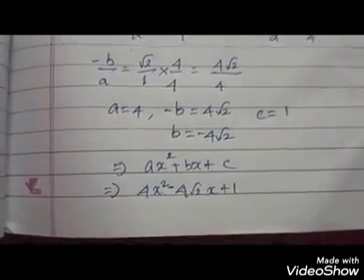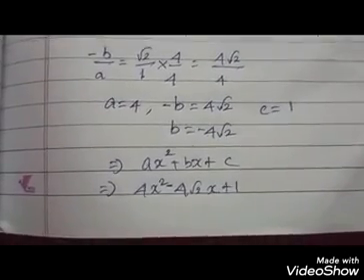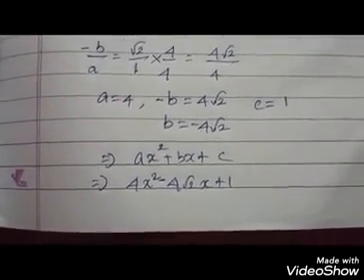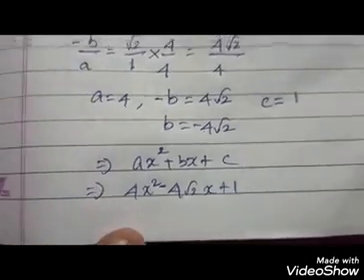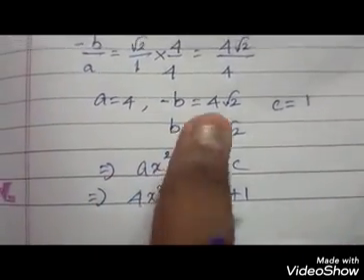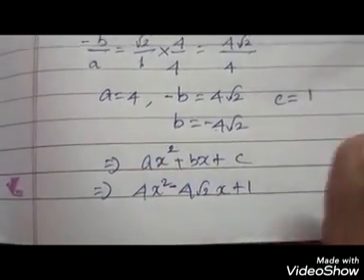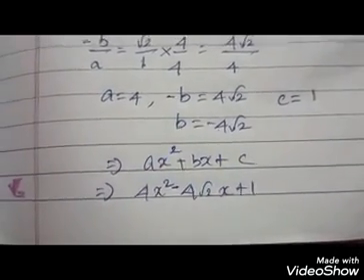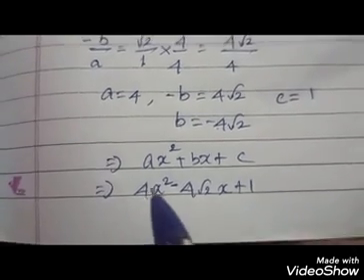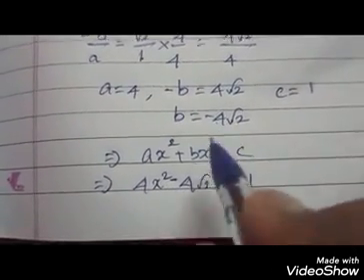So once you apply the value of a, b, c, you no need to put any symbol before. If the value you already have is plus 4, you get 4x square. B which is equal to minus 4 root 2, so directly you take minus 4 root 2. So no need to write plus of minus, you don't need to take that many steps. Directly you have to apply the value and symbol also.